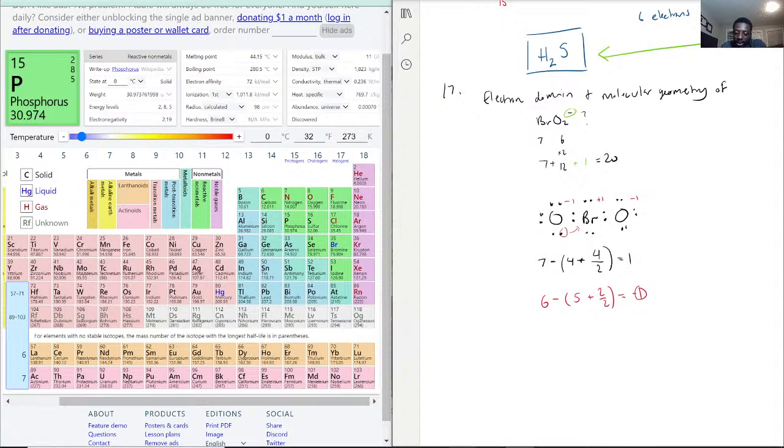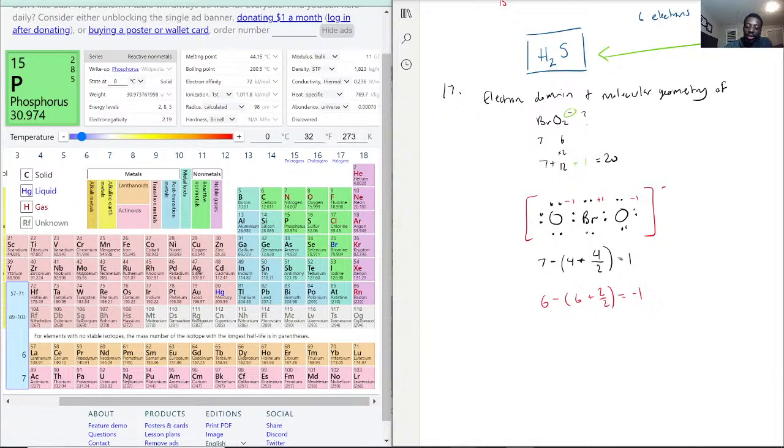That just wouldn't work. So unfortunately, and I say unfortunately because you don't really see this in nature, this is the most stable state for BrO2 minus. And you see that 1 minus there because when you add up the minus 1, plus 1, and minus 1, you get a total of 1 minus.